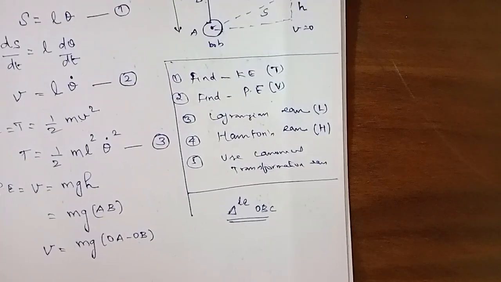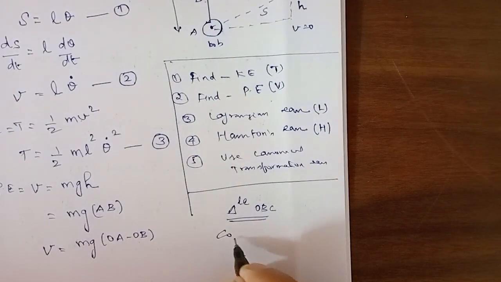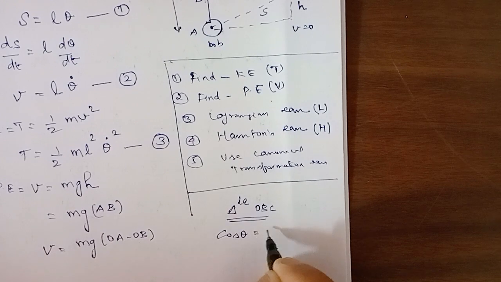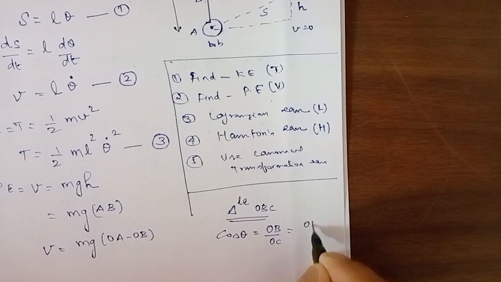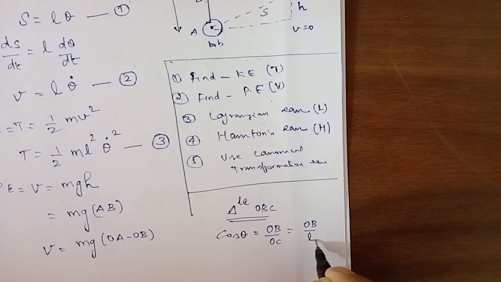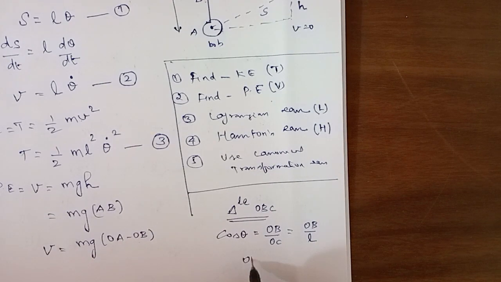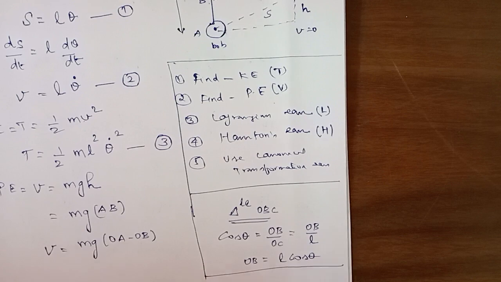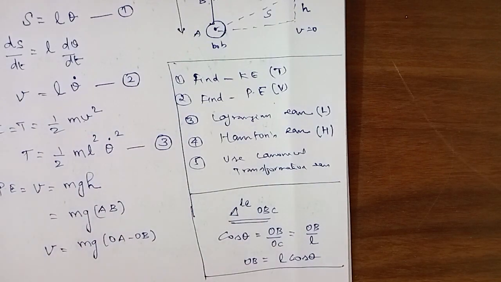Here find out cos theta. Cos theta is equal to OB by OC, which is OB by L. Therefore OB is equal to L cos theta.